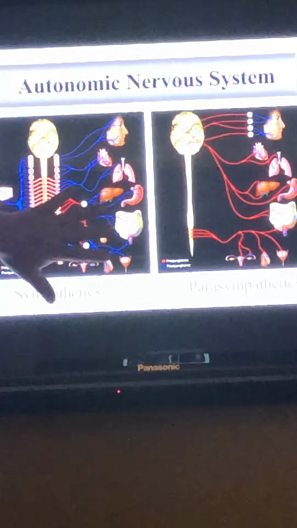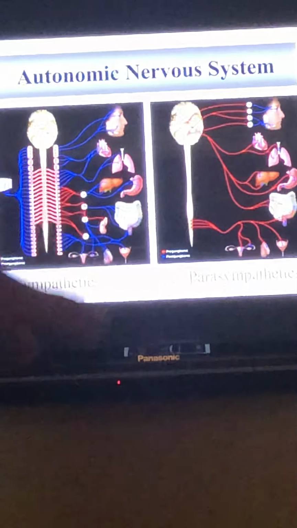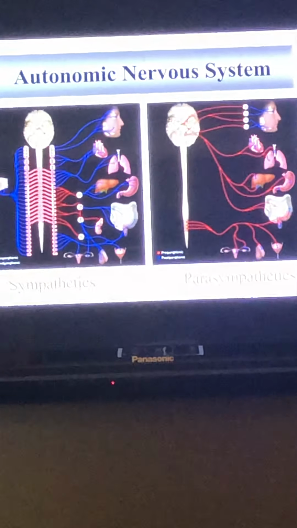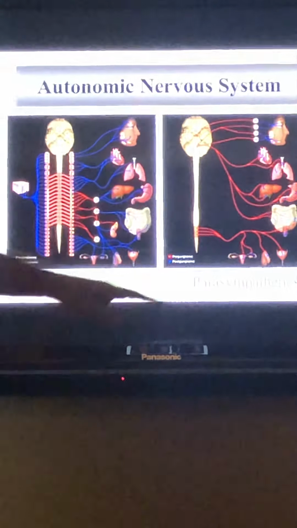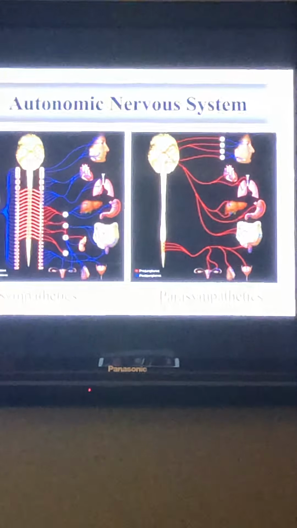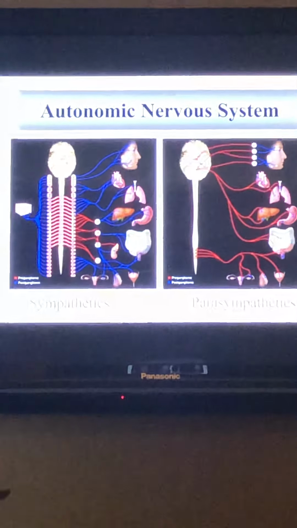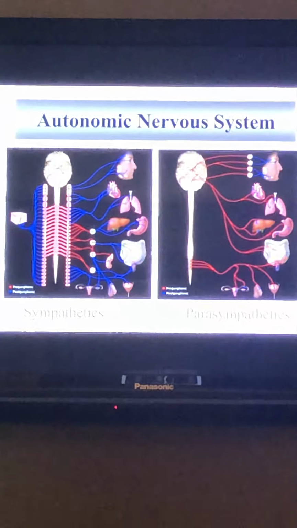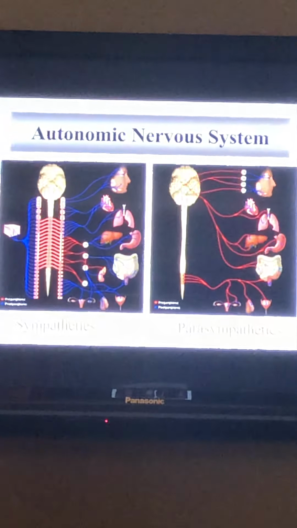So the sympathetic nervous system inhibits digestion because you don't want the end stage of that. Parasympathetic will stimulate it. And just a little side note, if you're on allergy medicine this time of year, it can actually cause you to be constipated because allergy medicine mimics the sympathetic nervous system, which will decrease digestion.